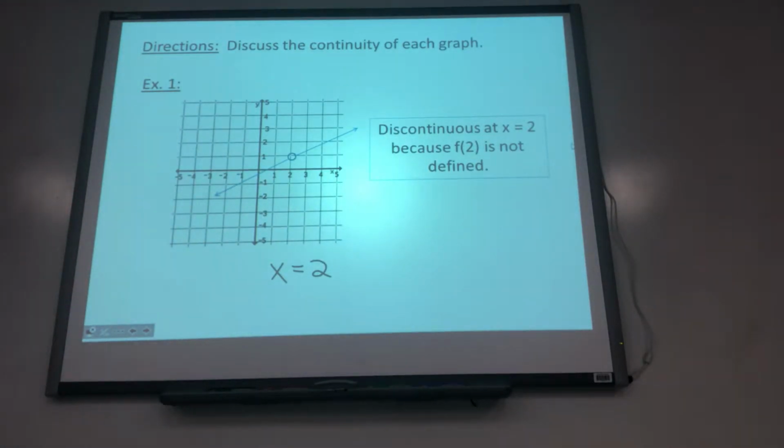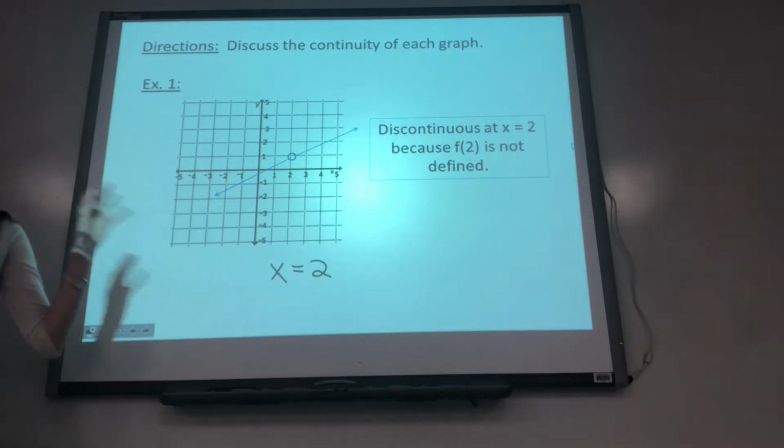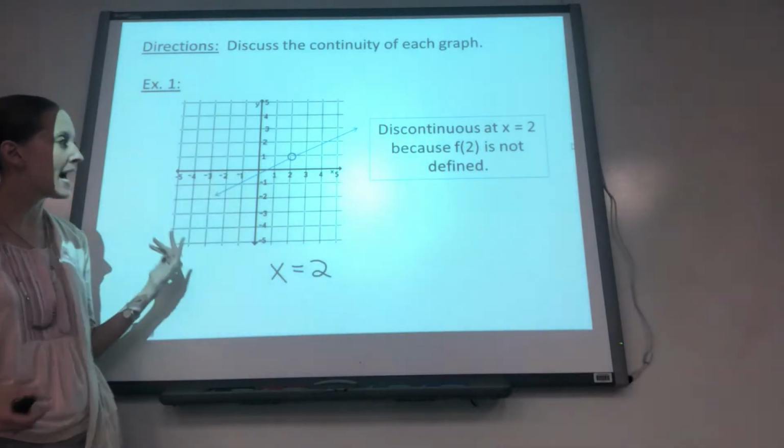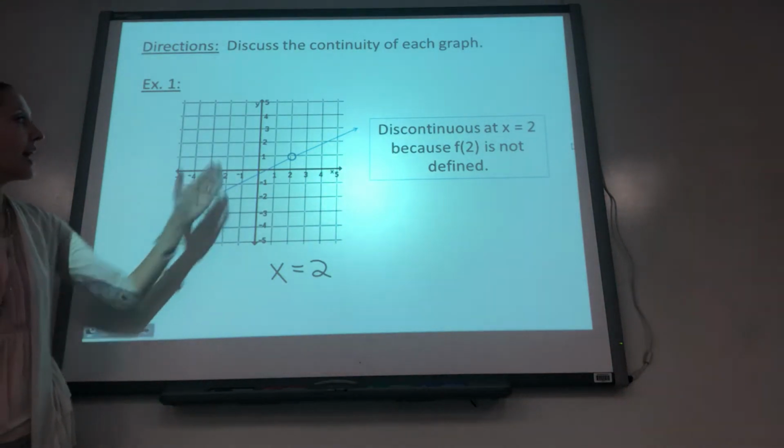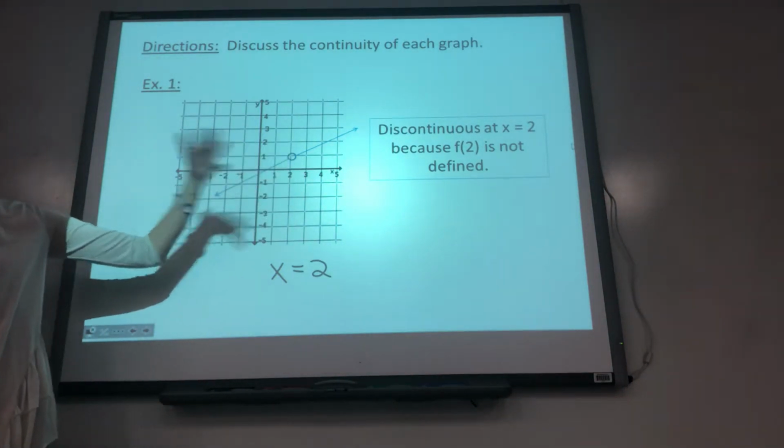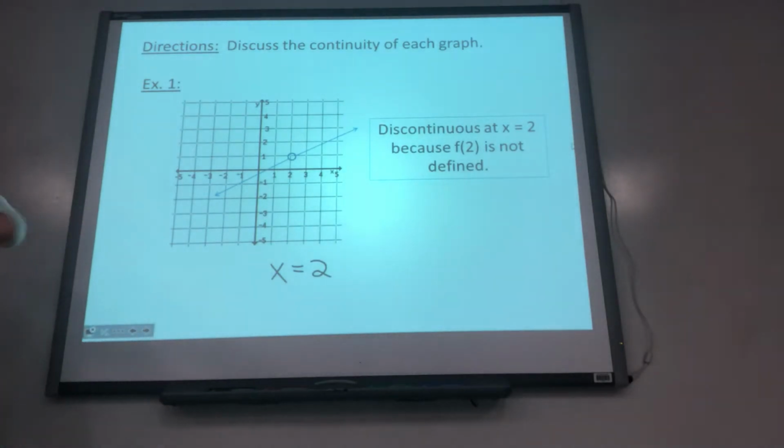Don't leave it as f of c. I know that's how they wrote it in the condition, but now that you have a graph to look at, find that x value in particular that's not working. f of 2 is not defined. That is the condition that fails. So that is how we would discuss the continuity of that graph.